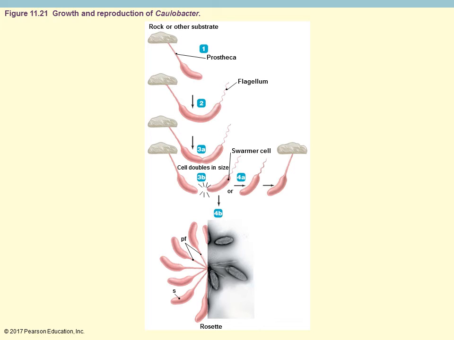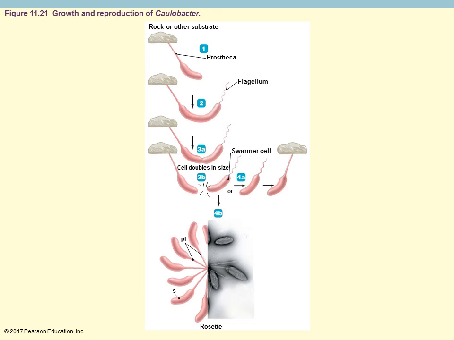If it's in a stream where the water's flowing really fast, this allows it to basically hang on tight, and it will hang on there as the water's flowing by instead of being washed downstream. And you'll notice it has a unique way of reproducing. It doubles in size and then it snaps or splits, producing a new cell. And then with that flagellum, it's going to move over, attach to another rock, and start the process over.